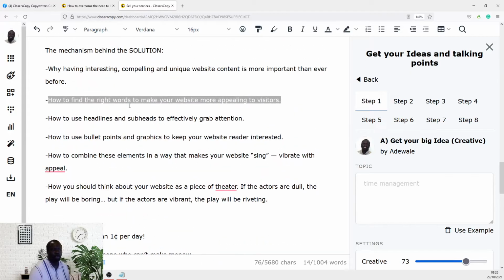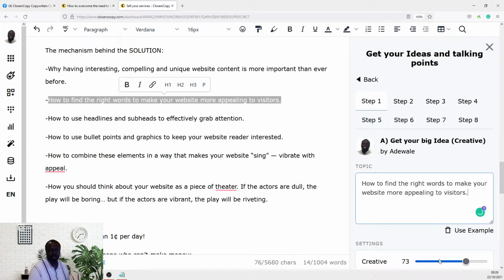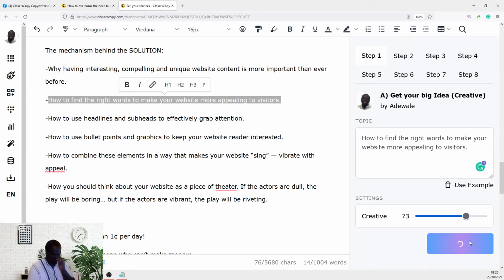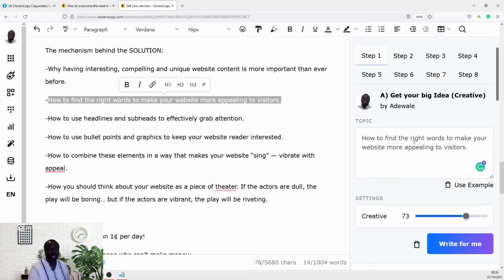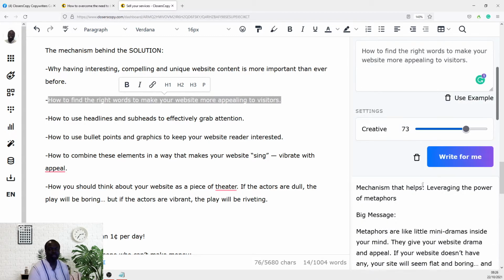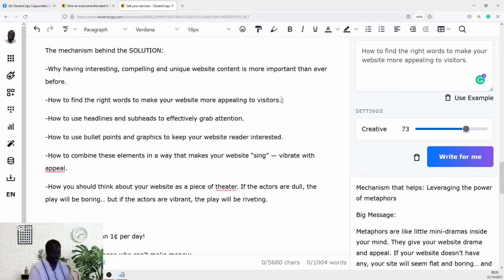And it will bring up some mechanisms that help for you. Leveraging the power of metaphors. Okay, so how to find the right words, and leveraging the power of metaphors would be a strong mechanism that helps for this one, right?